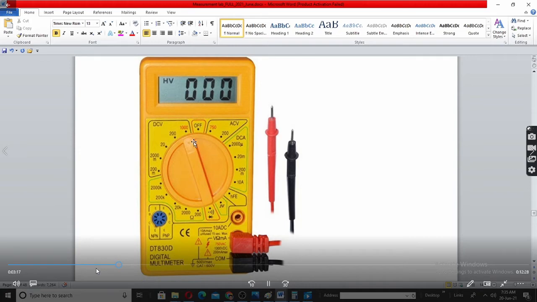When you keep it to off, the display will be off and battery power will be saved. In DC current, you have ranges from 2000 micro to 10 amperes, 20 milliamperes, 200 milliamperes. How much you want, you can select.